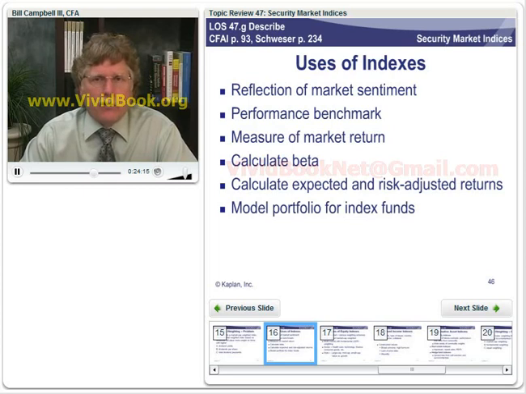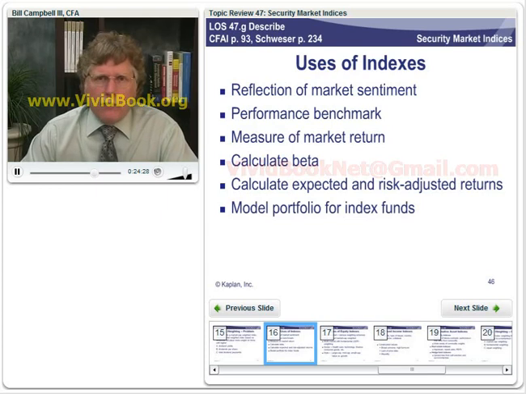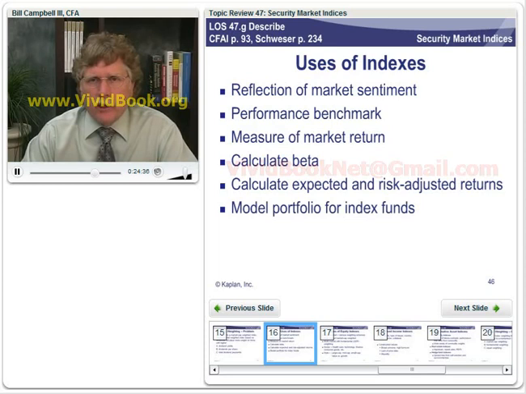If you don't recall, the way that you calculate beta is you plot the market returns on the horizontal axis versus the security returns on the vertical axis, draw a least squares best fit line, so a regression line through those, and the slope of that regression line is beta. So the market returns and the security's returns are used in the beta calculation.